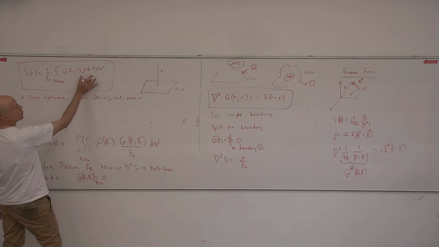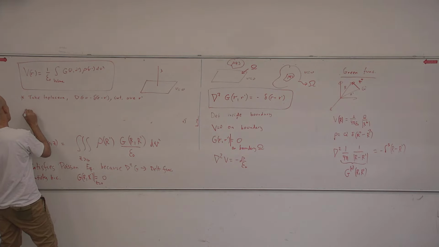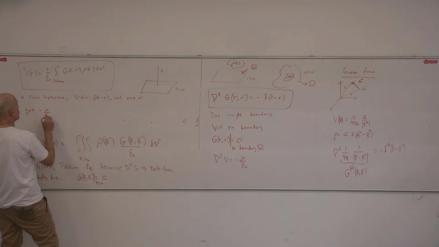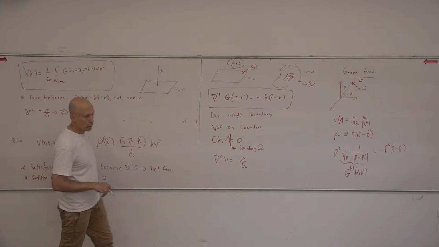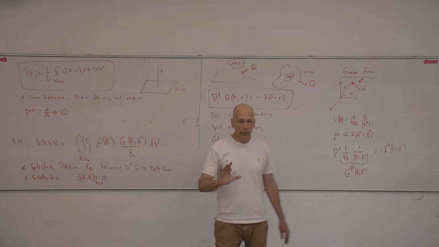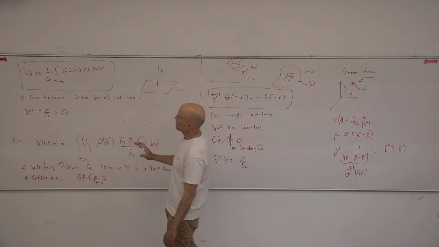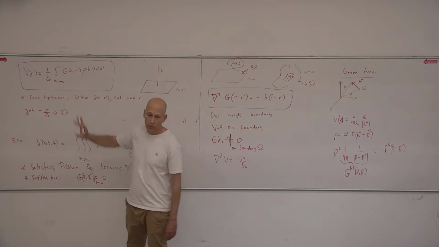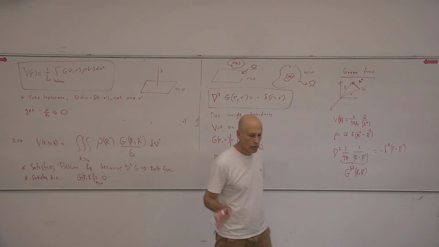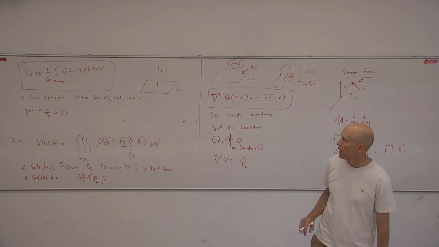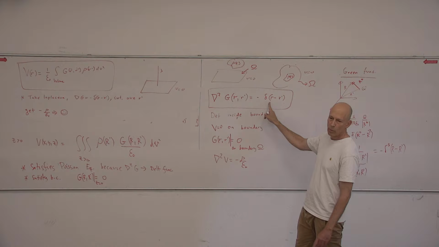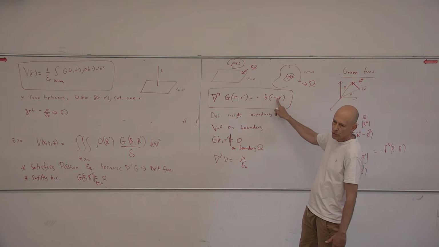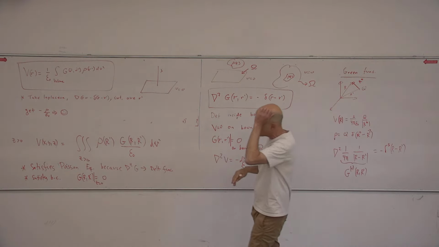You are integrating, and you will get minus rho over epsilon. I'm happy because that is the solution of the Poisson equation. I didn't do much, but I'm just saying there exists a function g for every charge density you wish. You should find it by solving this equation, which has no clue about the charge. It doesn't care about the charge. That's the strength of this method.